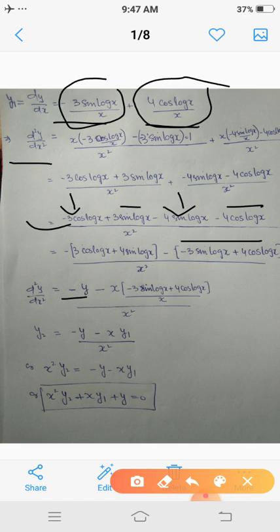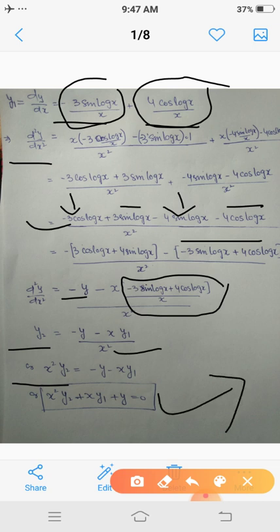So here this term except x is y1, which implies that y2 is minus y minus x into y1 upon x square, or by cross multiplication we simply get x square y2 equals minus y minus x y1, which implies that by shifting terms we get x square y2 plus x y1 plus y equals 0. So this is the required result.